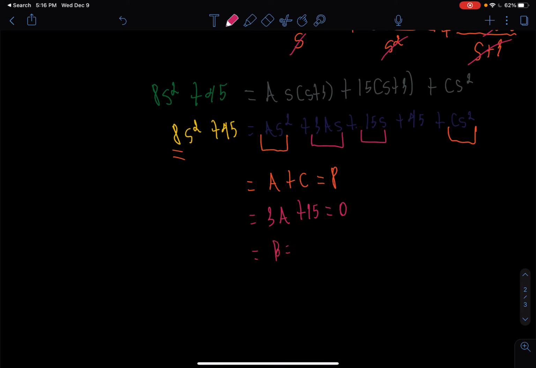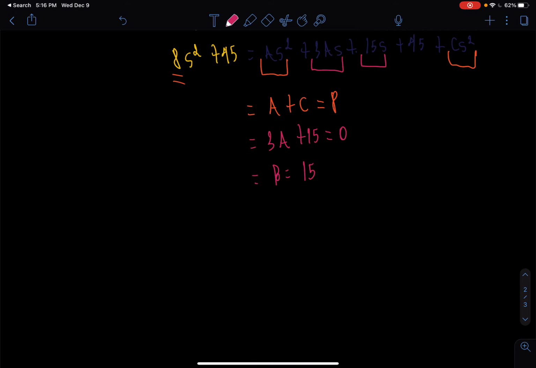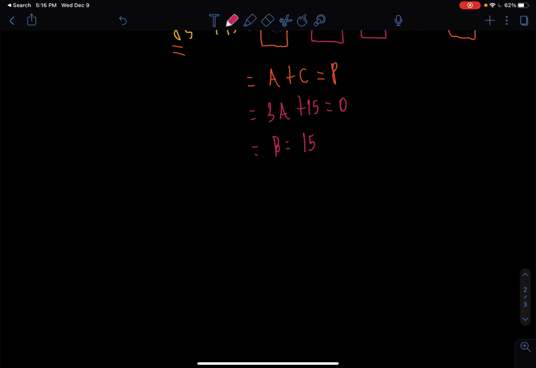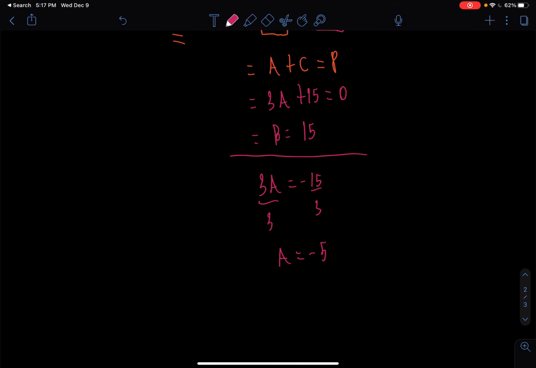So let's solve that middle term so we can take care of the other one. For that term we have 3a is equal to negative 15. We divide by 3. A is equal to negative 5 now.